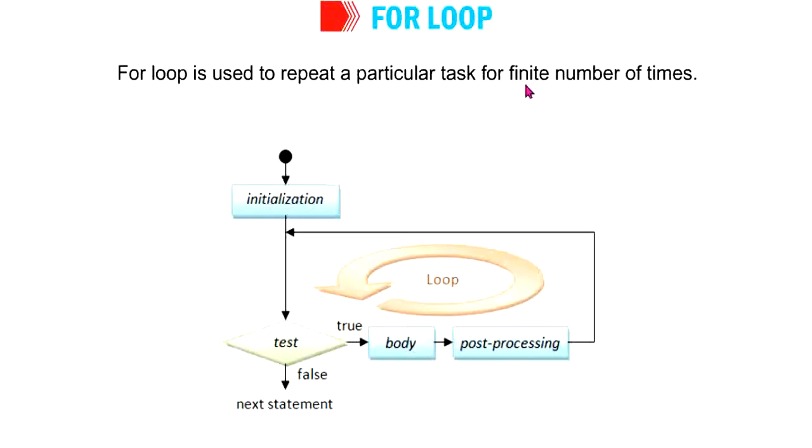Finite means limited. Here we initialize, then it will test. If it is true, then it enters the body, does the post processing and gets the result. Again it goes back, tests, and continues until it becomes false. If it is false, go to the next statement.